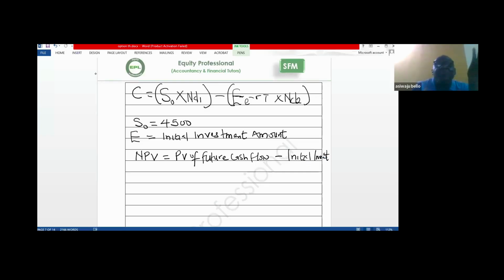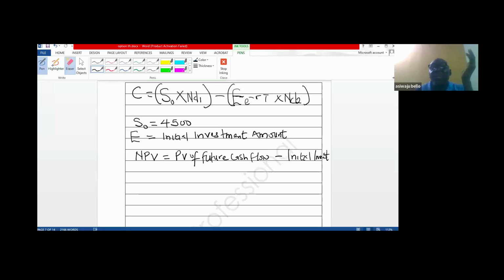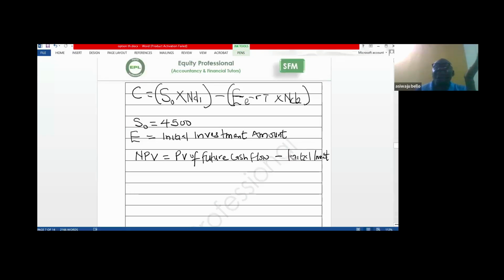If you calculate NPV, how do you calculate your NPV? Your NPV is the difference between the present value of cash inflow minus the present value of initial outlay, the initial investment amount.